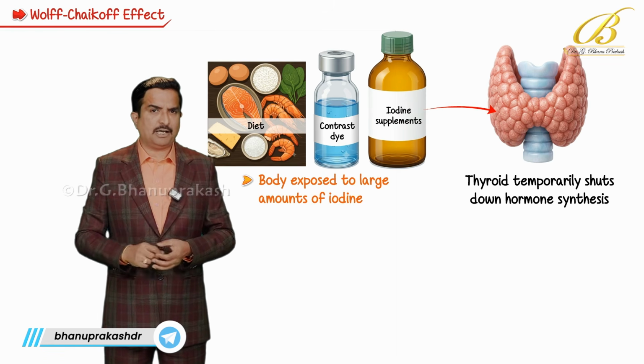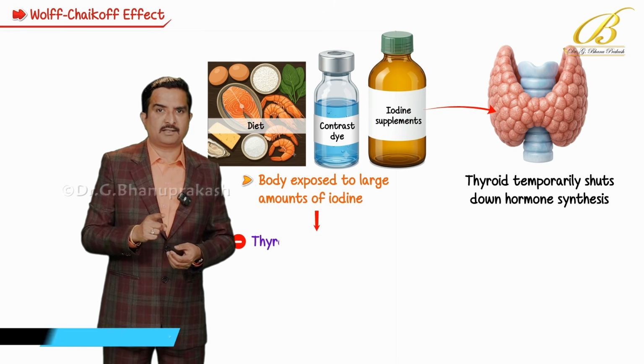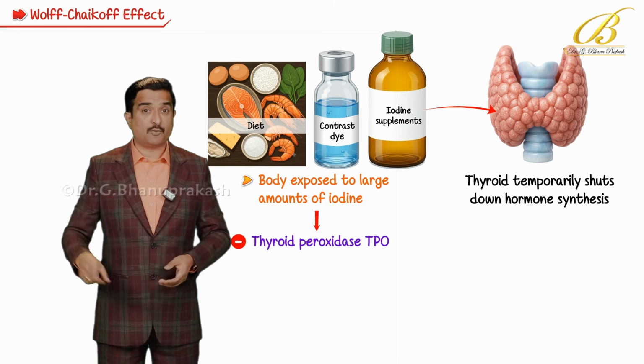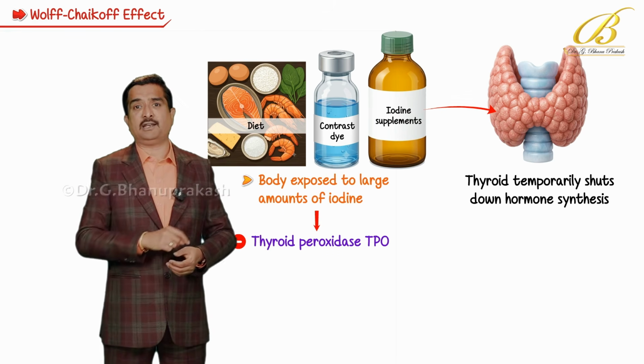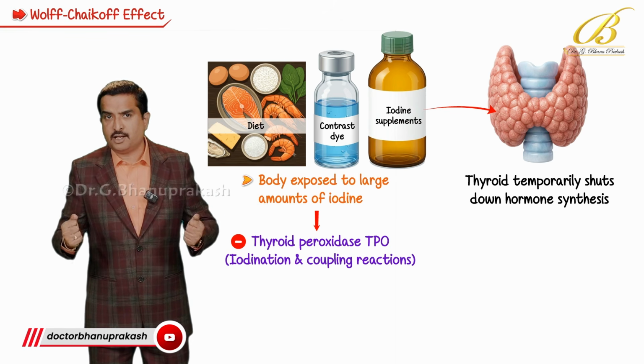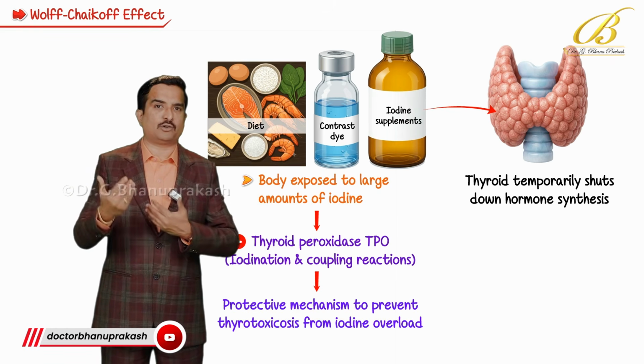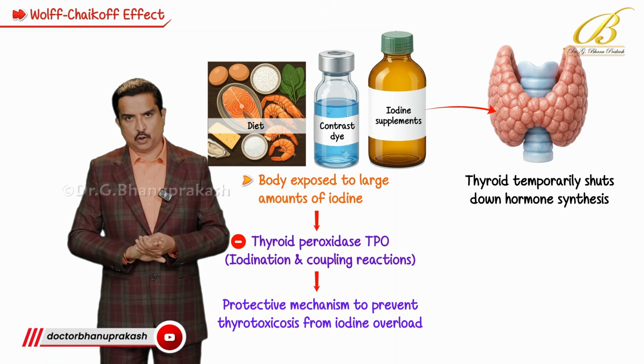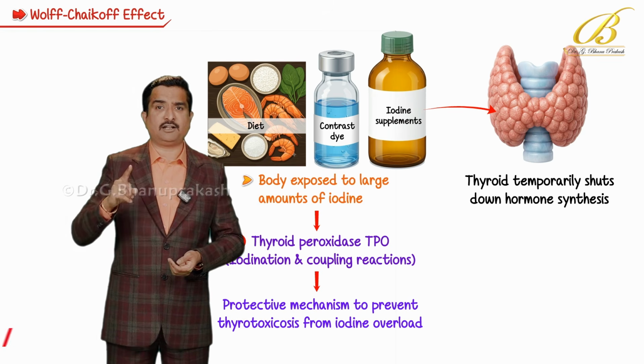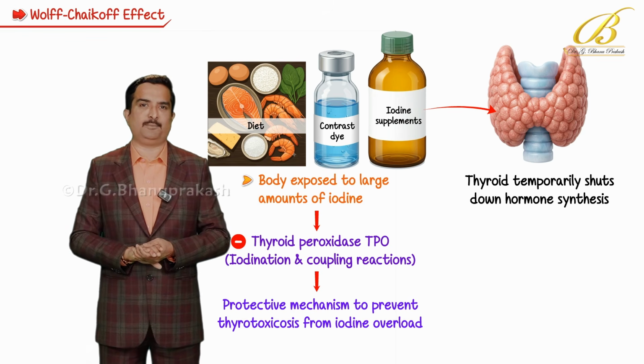Why? Because excess iodine inhibits thyroid peroxidase, the key enzyme involved in iodination and coupling reactions. This is a protective mechanism mainly to prevent thyrotoxicosis from iodine overload. But remember, this effect is usually transient and self-limited in nature.